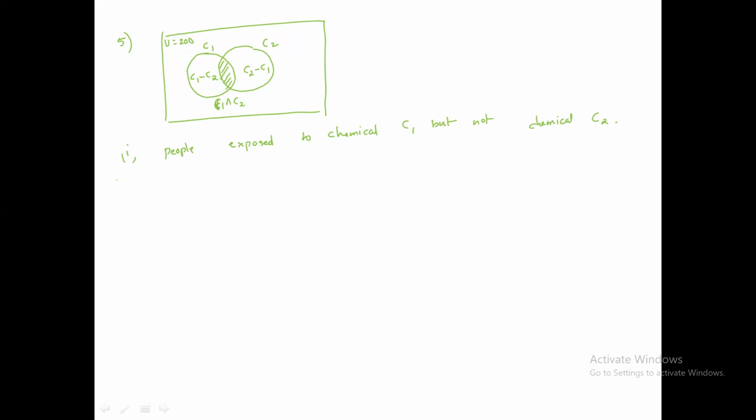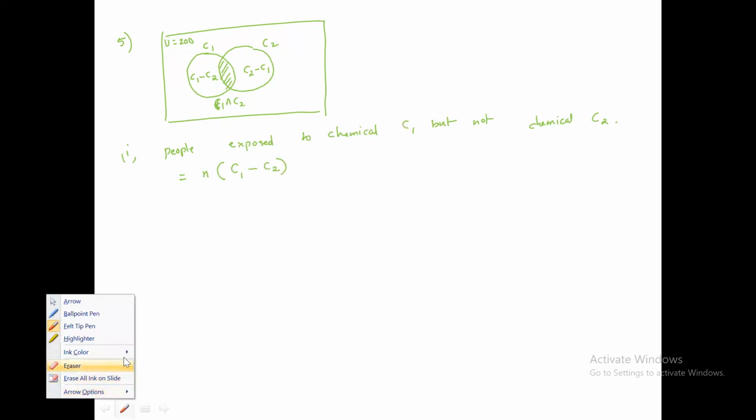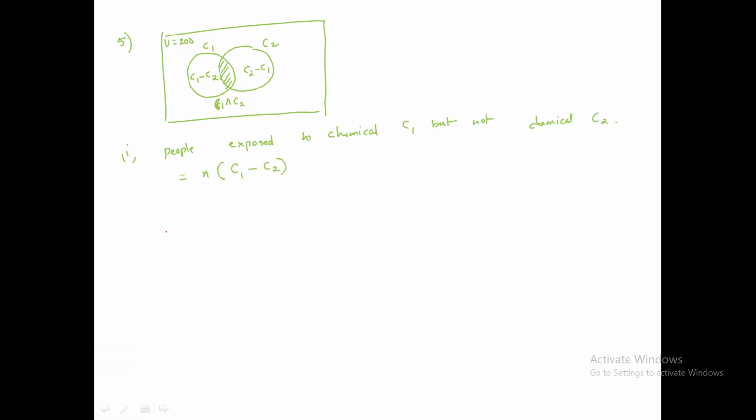That means what? What we have to find? Number of people infected by C1 but not C2. This is what we will find. Okay, how will you find this? What is the method to find?